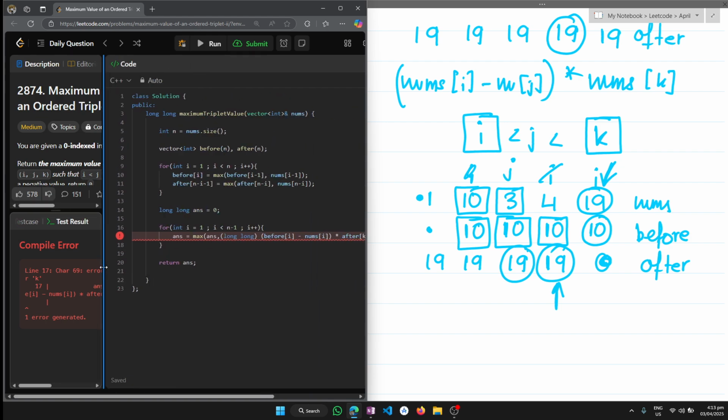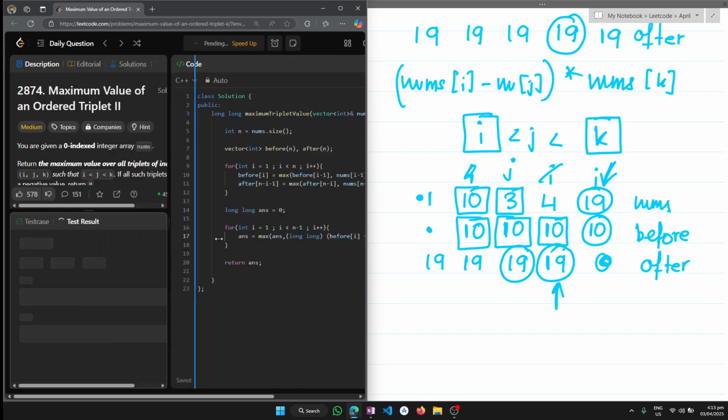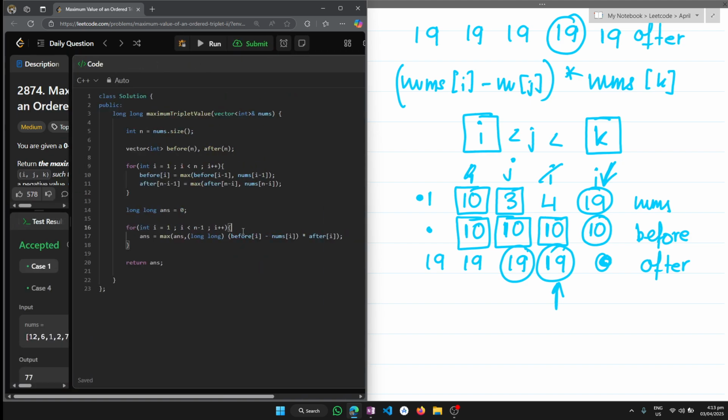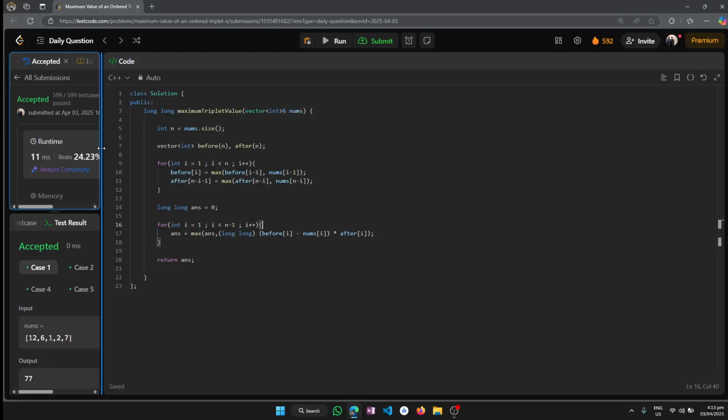Why am I having so many different errors? After of I, sorry. So it passes all the test cases, and then if I run this code, let's see if it overall passes the solution, and it does, right?